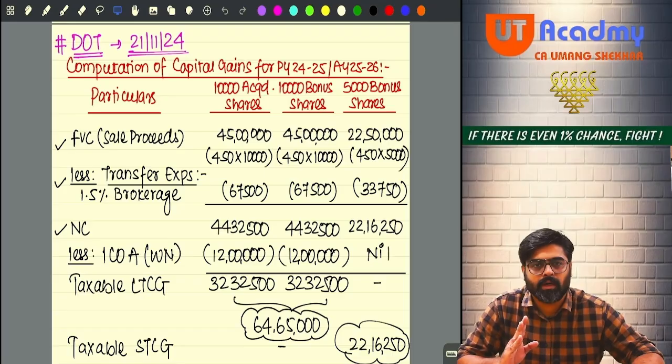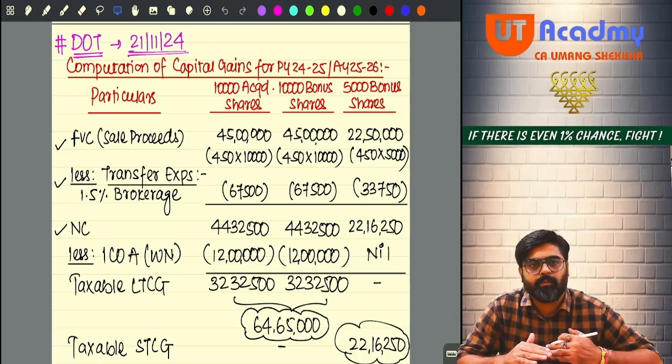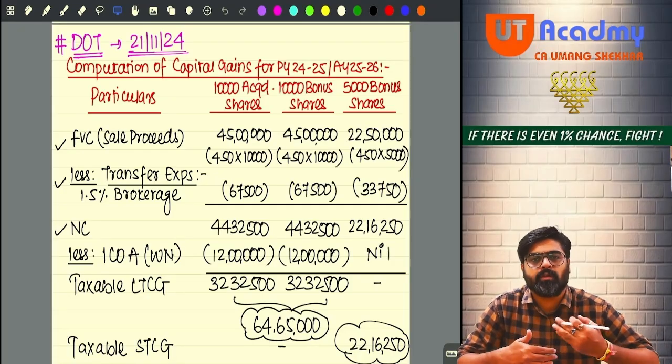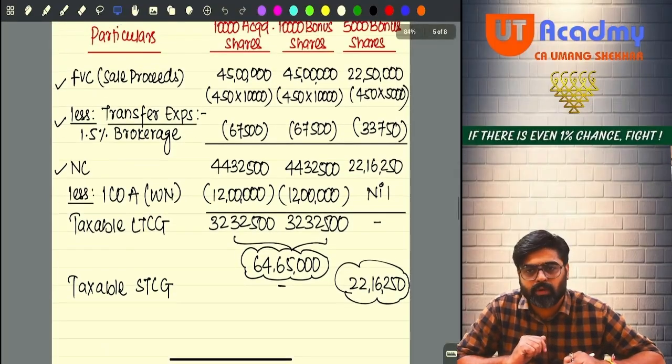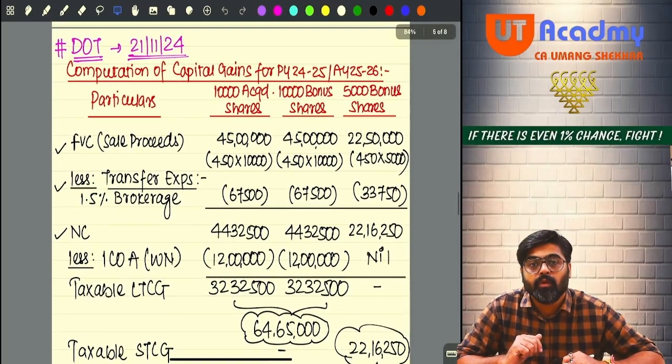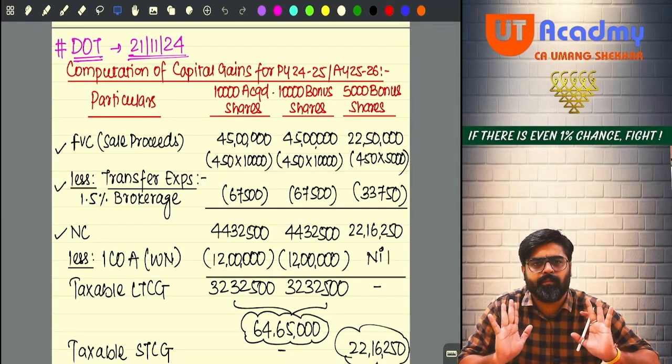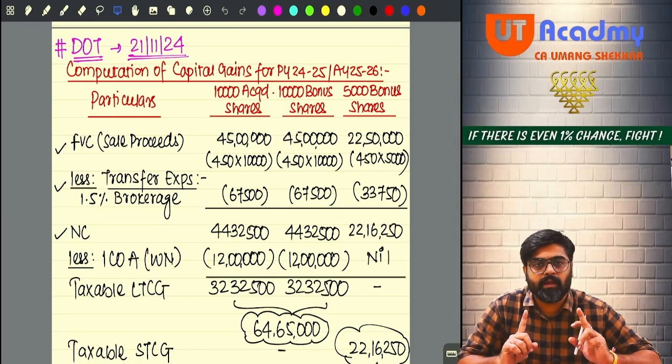When the shares are sold on 21st November 2024, what will happen? Is the transfer happening on or after 23rd July 2024? Yes or no? So the cost and everything remains same. But the only difference will be indexation benefit will not be available.